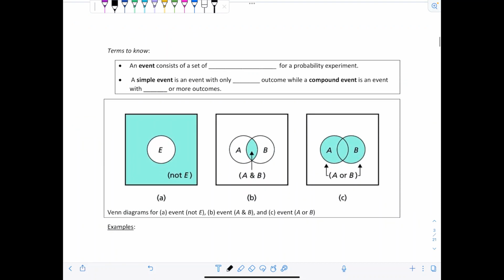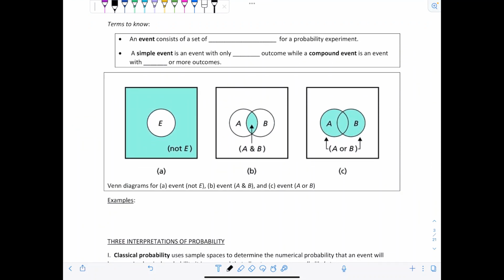Some more terms. An event, when we talk about probability, an event consists of a set of outcomes for a probability experiment. And a simple event is an event with only one outcome, while a compound event is an event with 2 or more outcomes. So I actually wanted to give you some examples. I stuck them down here.